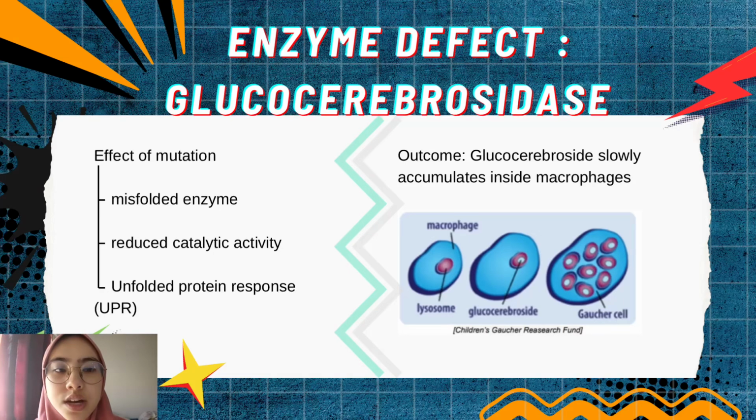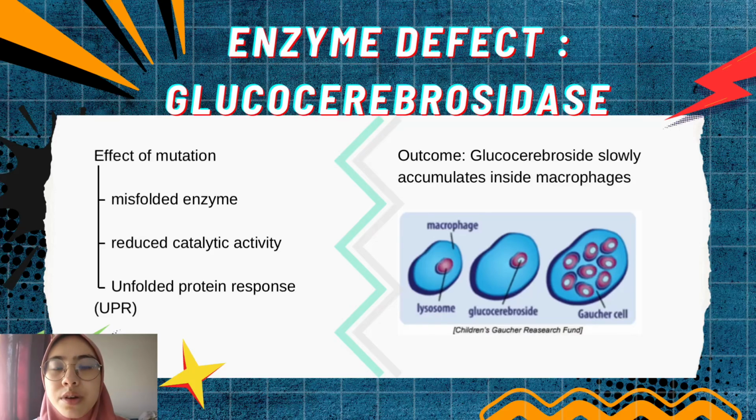And lastly is the unfolded protein response. The accumulation of glucocerebroside will trigger this cellular stress response. Chronic UPR will eventually lead to cellular dysfunction and apoptosis and cause inflammation. The inflammation will alert the macrophages to the inflammation site and release cytokines, with systemic effects.